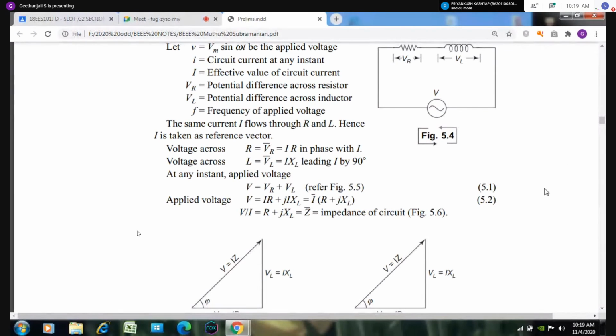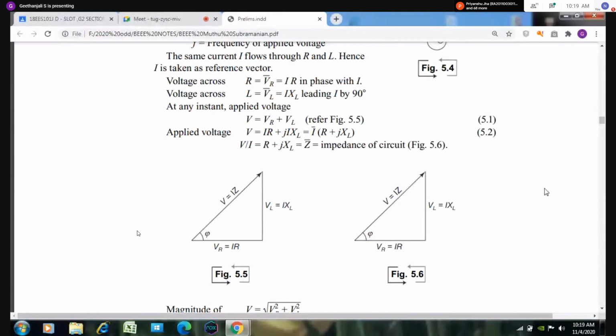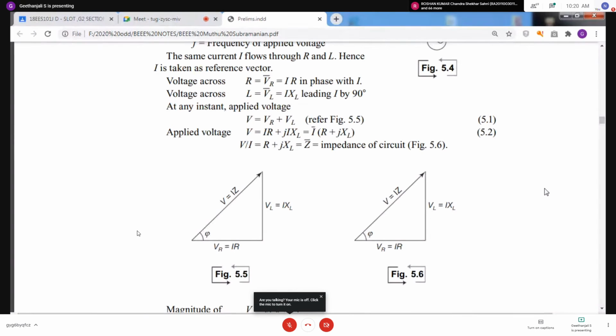Are you getting? Okay, all of you look at figures 5.5 and 5.6.